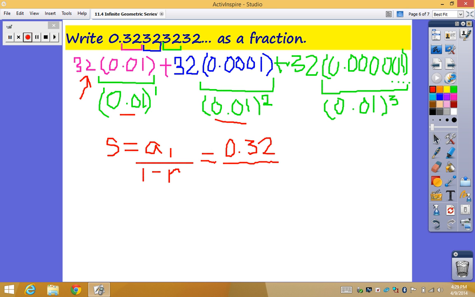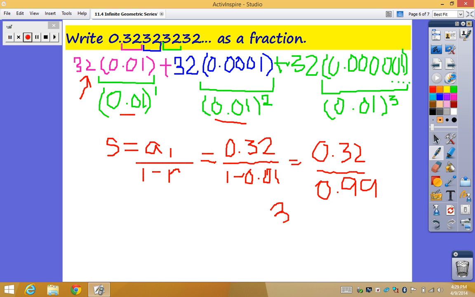Divide that by 1 minus 0.01, which we found to be R. That equals 0.32 divided by 0.99. Unfortunately, there's not a whole lot of simplifying we can do there, so we get 32 over 99.